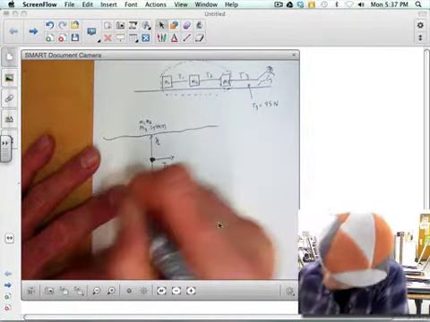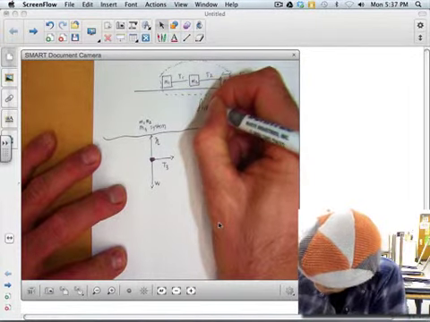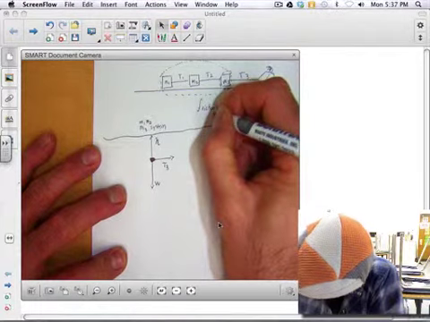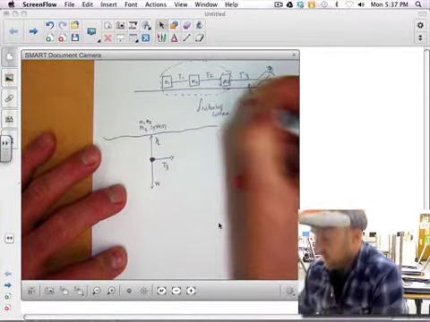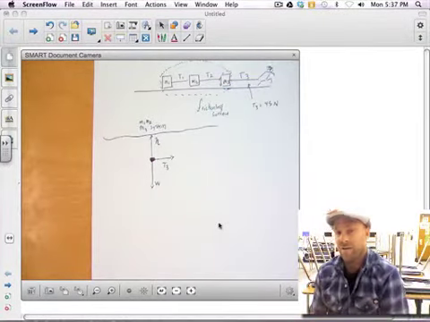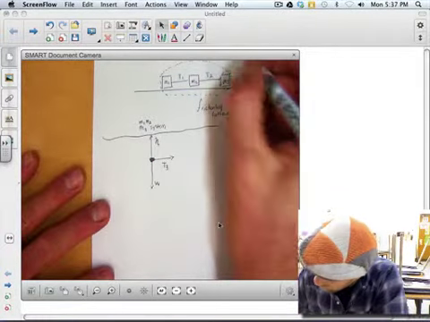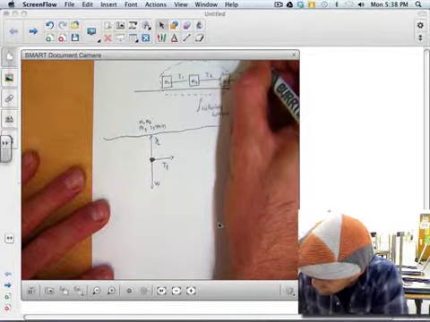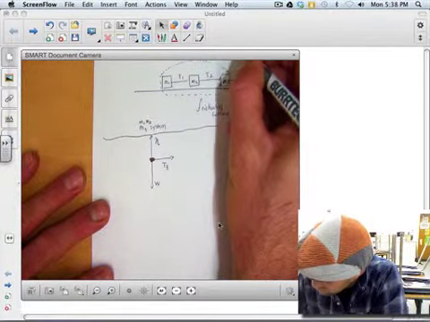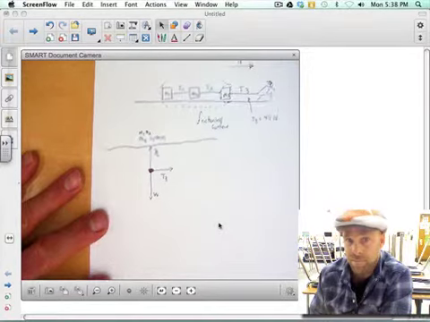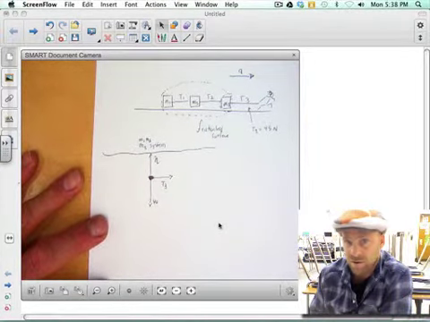And it says we have a frictionless surface. Since I can't figure out any force acting on my system to the left, this would have to be constant acceleration to the right. So I'm going to draw a vector to show that.